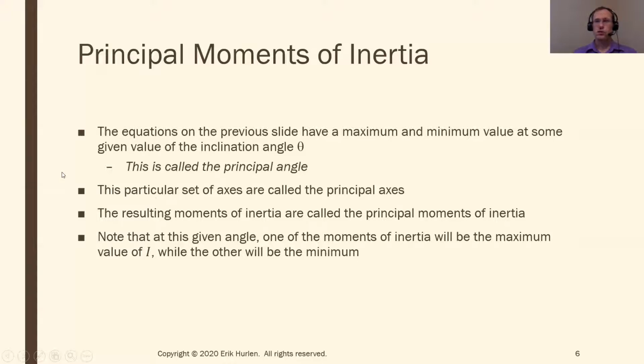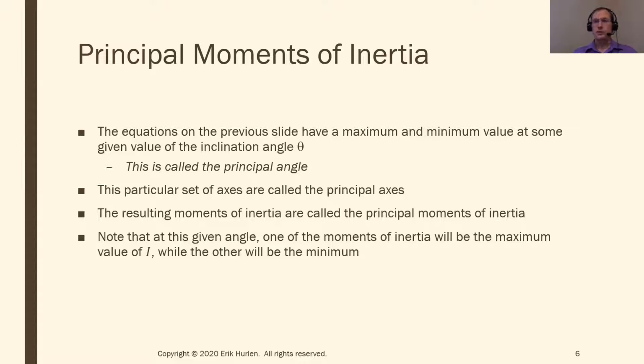And now the principal moments of inertia. These are really the maximum and minimum values. When I went back to that question at the very beginning, your beams are oriented vertically because that gives you the maximum moment of inertia. So that's one of the principal moments of inertia. The other one is the minimum, and that's when it's oriented horizontally. That is the minimum moment of inertia, but that's also a principal moment of inertia.